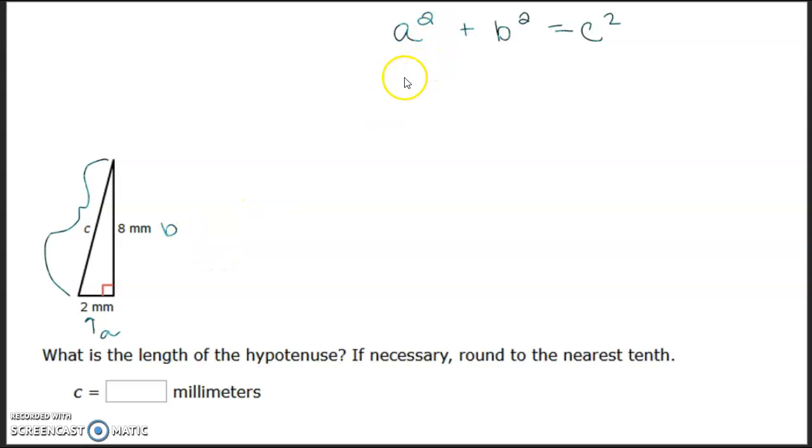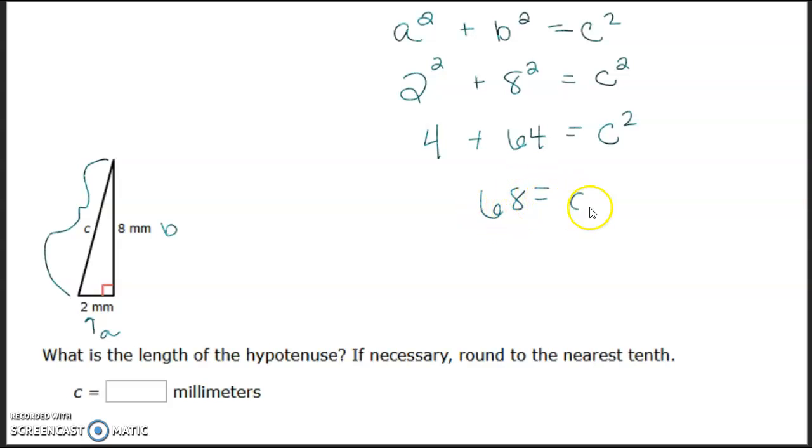So a is 2 squared plus b is 8 squared, and we don't know what c is yet. 2 squared is 4, 8 squared is 64, so 68 equals c squared.